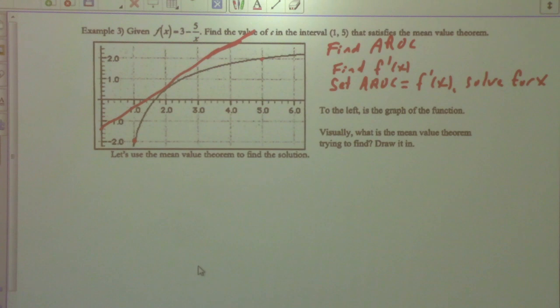So that's just a reference point for you as you work this out. If we plug in 1, we would get that. If we plug in 5, we would get that, so that's right.